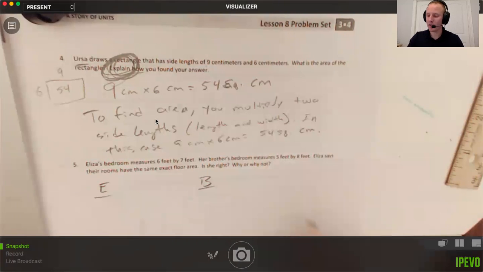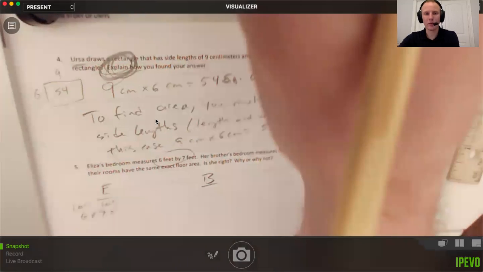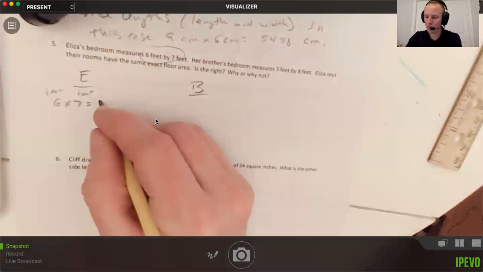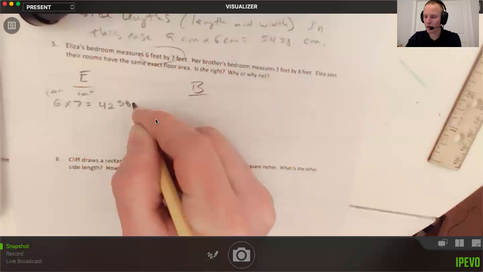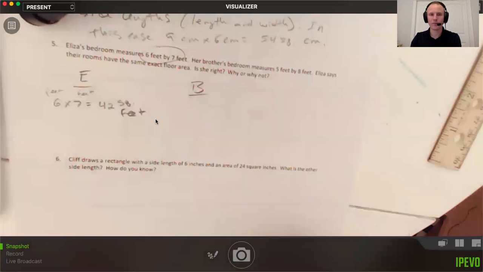So I need to find the area of 6 times 7. And they're both in feet. I'll bring this down a little bit so you can see a little bit better. 6 times 7 is 42 square feet.